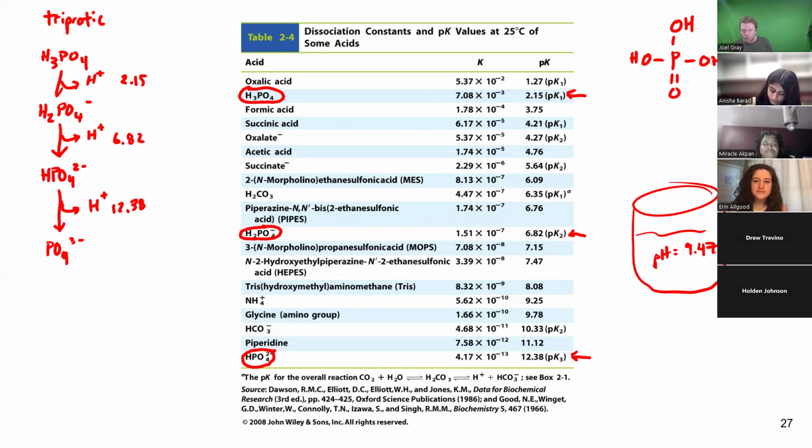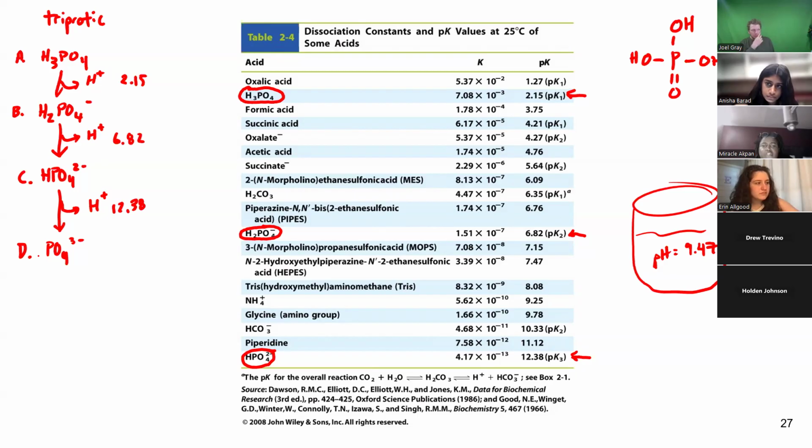I wanted to keep you guys on your toes. 9.47. Could anyone tell me which form of this molecule? And I'm going to make it a multiple choice question. A, B, C, D. I'm looking for which of those 4 forms of this molecule is the predominant, or maybe the most commonly found version of that molecule in that solution.